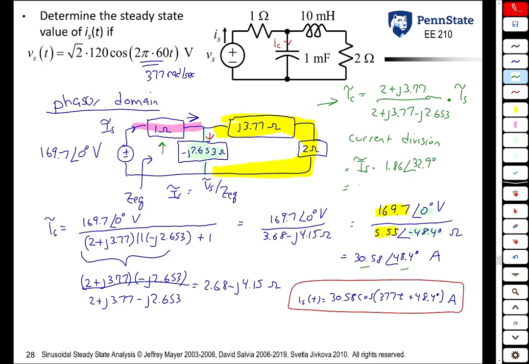You work out that math, you get 56.88 at an angle of 81.3 degrees amps. So we could write our second equation here, IC of t, is 56.88 cosine of 377t plus 81.3 degrees amps.